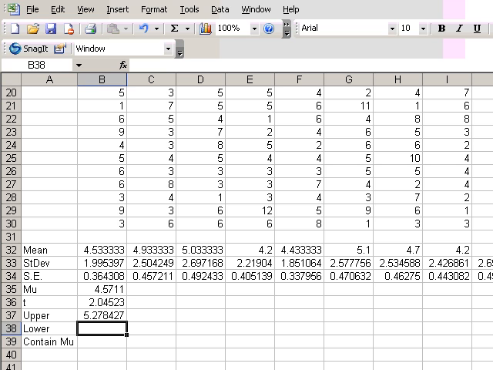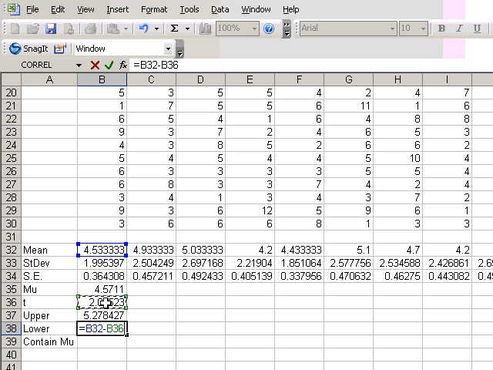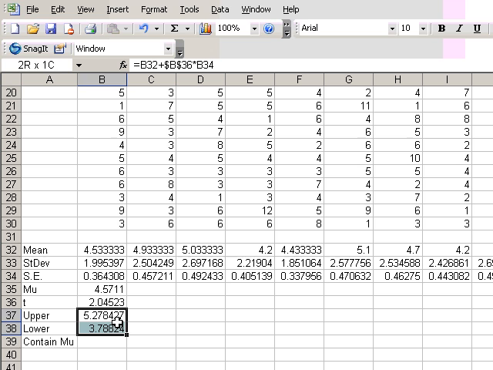The lower limit will be equal to the mean minus t, again F4, times the standard error. So these are the two limits within which we expect to find the true population value, 3.7 and 5.2, or 5.3.